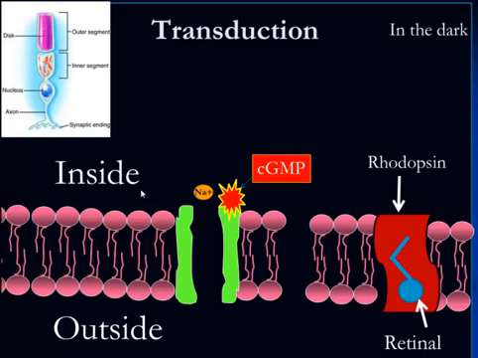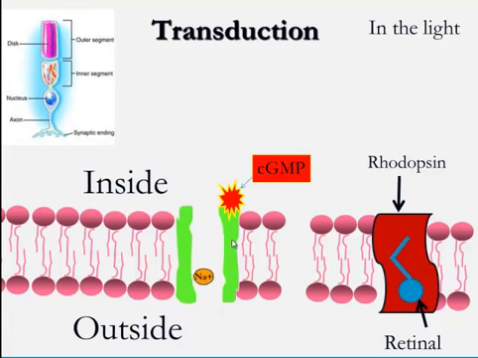In the dark, when the rod is not being hit by light, you have this constant flow of sodium coming in, a constant depolarization. Remember, sodium causes depolarization. Here is a sodium channel, and it's being held open by a molecule called cyclic GMP, a specific type, and sodium is constantly rushing in, constantly depolarizing this membrane and affecting action potentials. They actually have a name for it: the dark current, the current of sodium flowing in the dark.